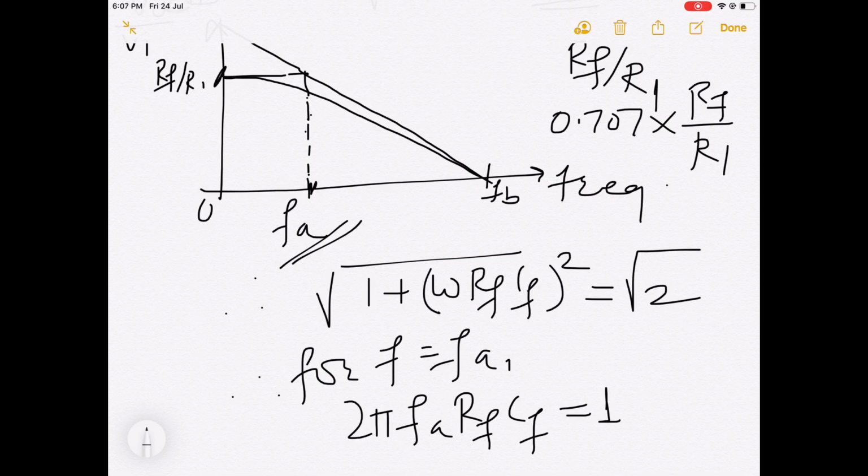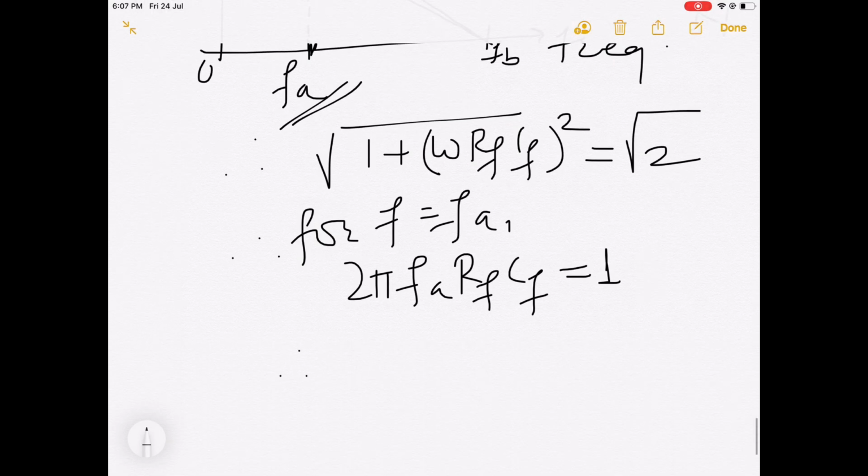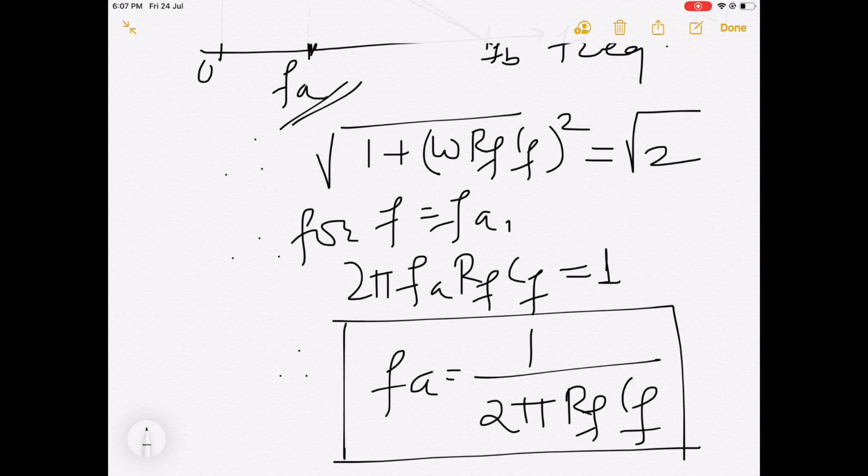Okay, when F equal to FA. Therefore, FA equal to 1 upon 2 pi RF CF. So this is the low level frequency of the practical integrator.